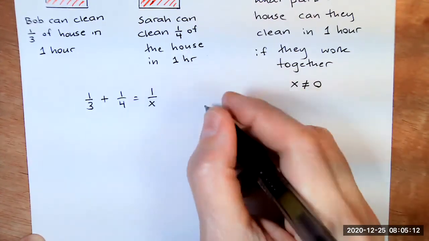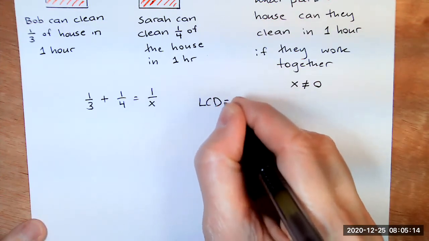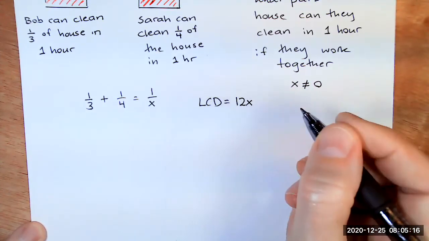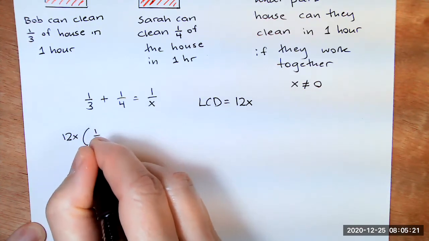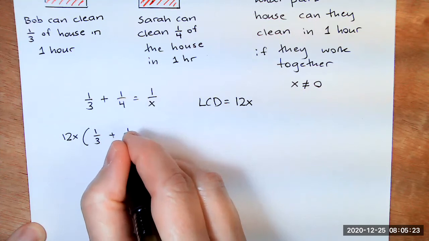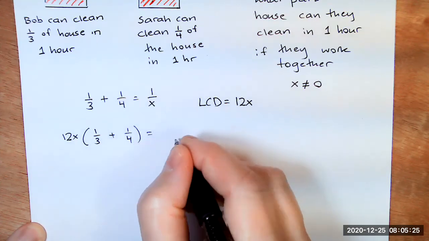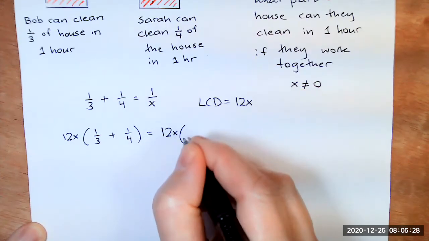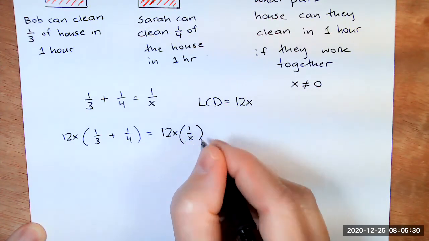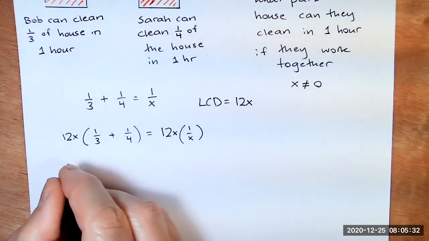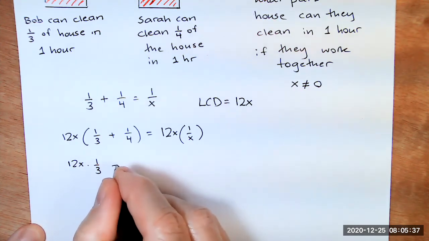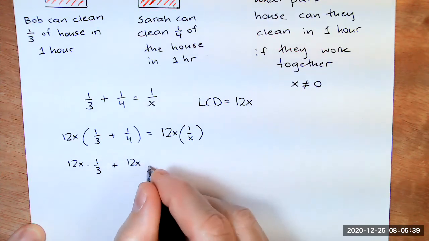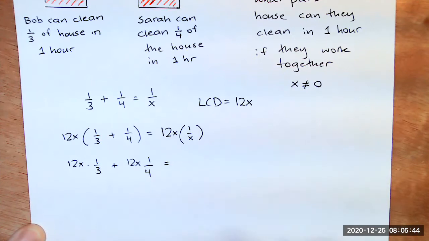All right, so we find the least common denominator, which is 12x. Multiply both sides by 12x. Distribute. Remember, you always distribute before simplifying.